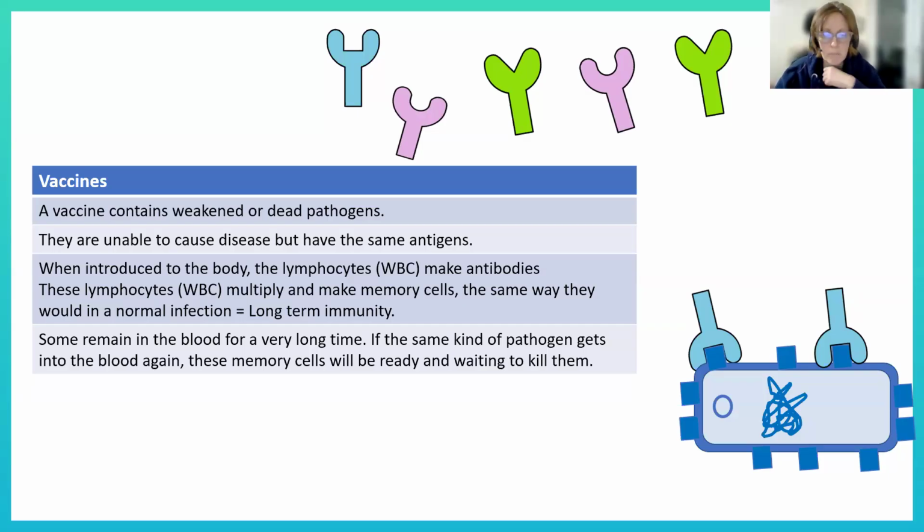So some of these vaccines will remain in the blood for a very long time. It depends what the pathogen is. Some of them, like flu, will mutate, so the vaccine isn't necessarily that useful because each year there's a new strain. We had that with COVID, the SARS-CoV-2 virus as well.